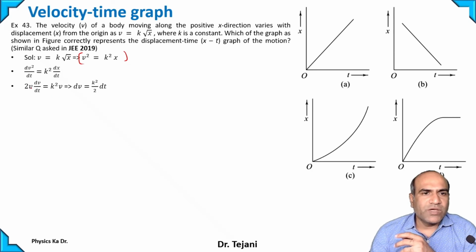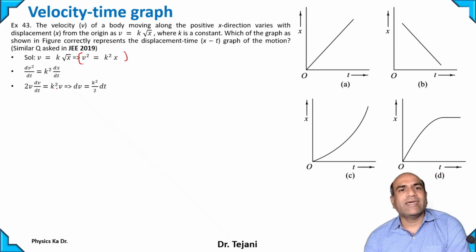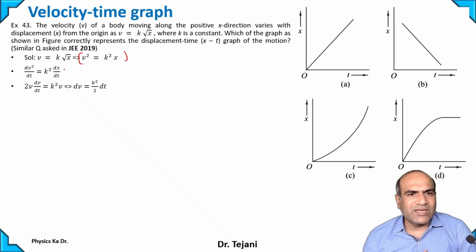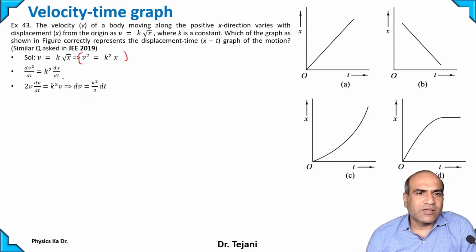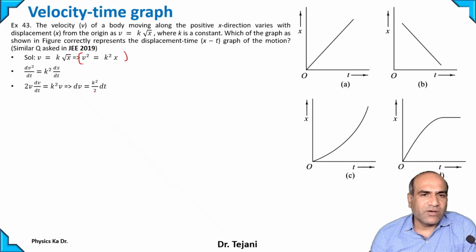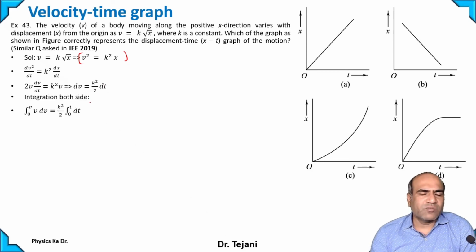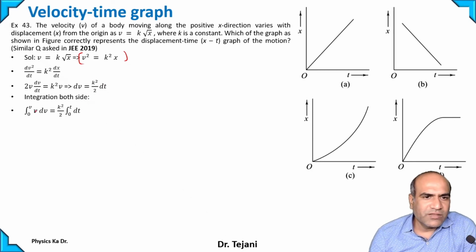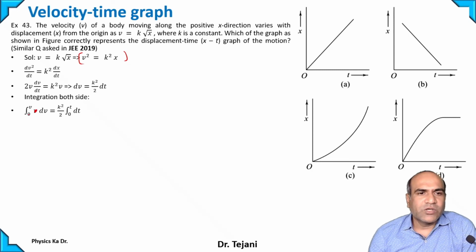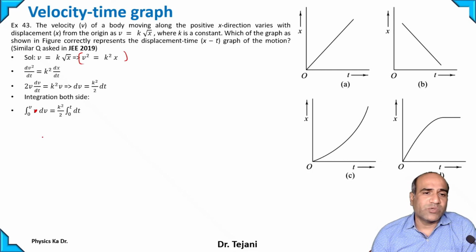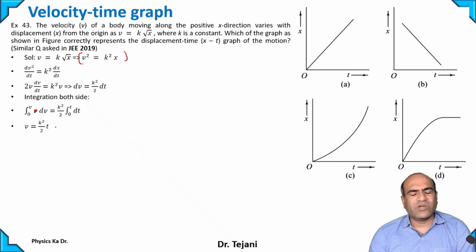So it becomes 2v dv by dt is equal to k square v, and dx by dt becomes v. Right? So now we need to have dv on one side and the other things on the opposite side. dv is equal to k square by 2 dt. We can take integration on both the sides. The integral of dv from 0 to v is k square by 2 times the integral of dt from 0 to t. So it becomes just v is equal to k square by 2 t.